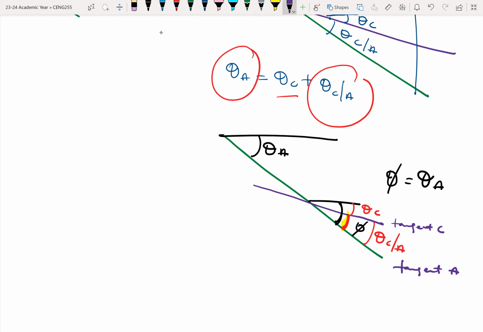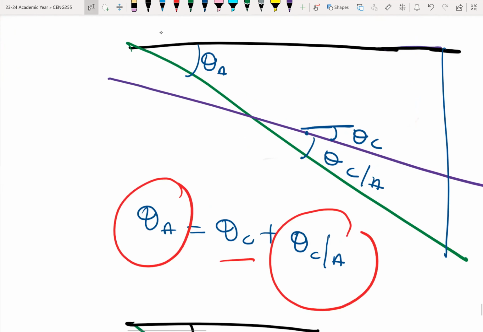But then the angle the tangent at C makes with the horizontal is theta C. So if I have this tangent over here, no matter where I draw the horizontal, the angle it makes is always the same, right? Do we agree to that? Okay.